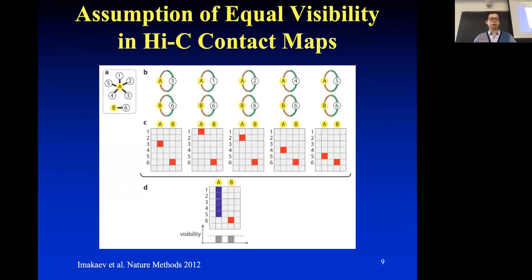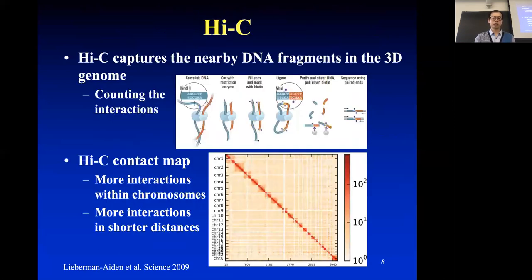Actually, it's the average interaction from tens of millions of cells. If you do single cell HiC, it is possible, but you have so little material that you cannot see the global picture. It's so difficult to do. So for HiC data, the heat map I just showed in the previous slides is an aggregation of the structure information from more than 10 million cells.